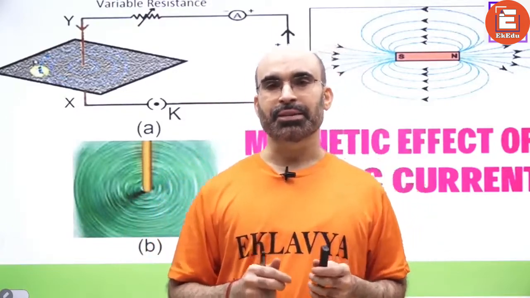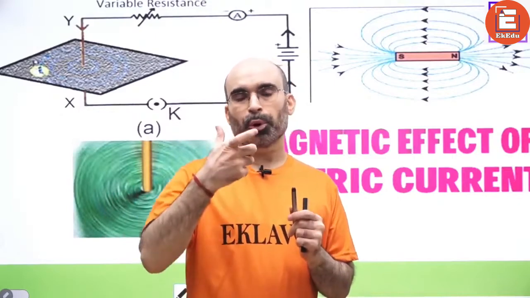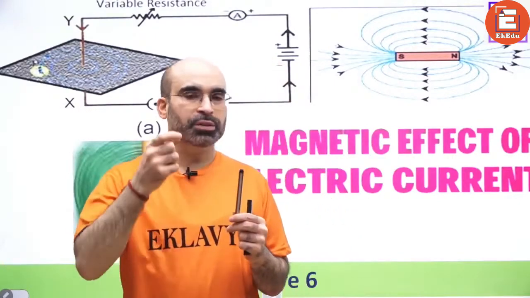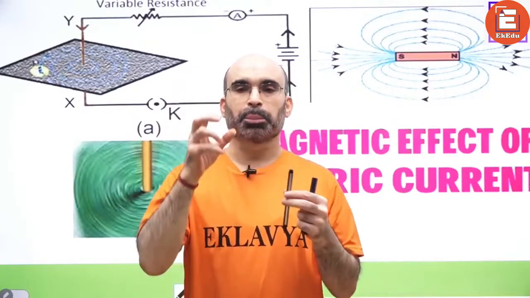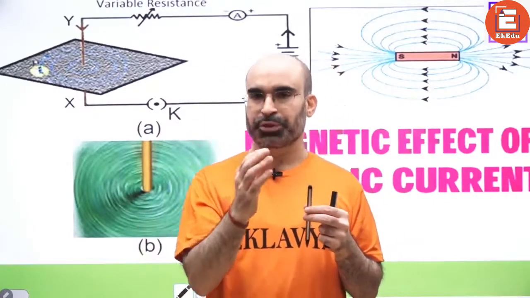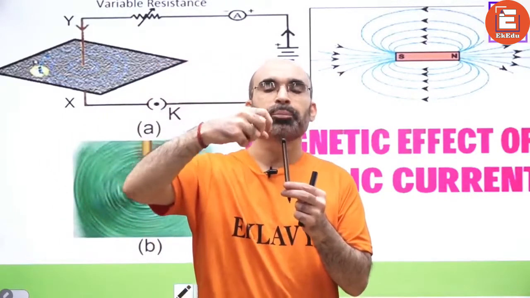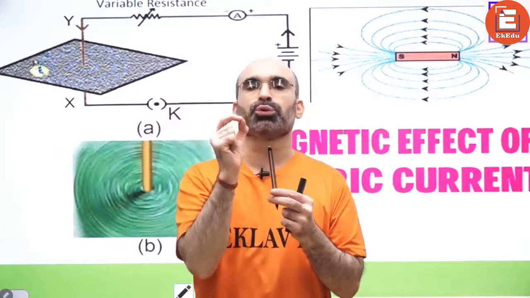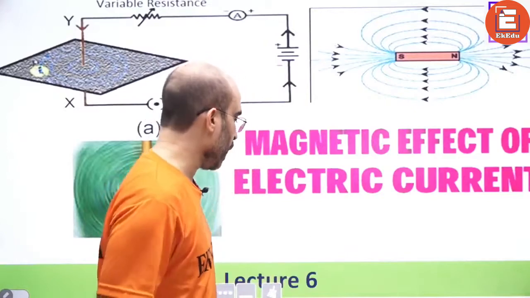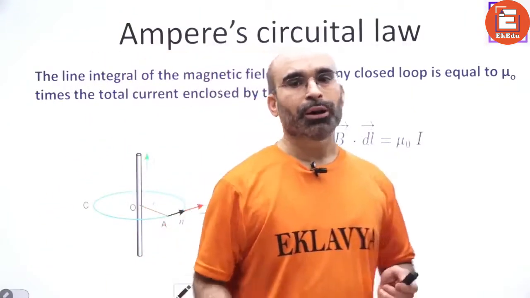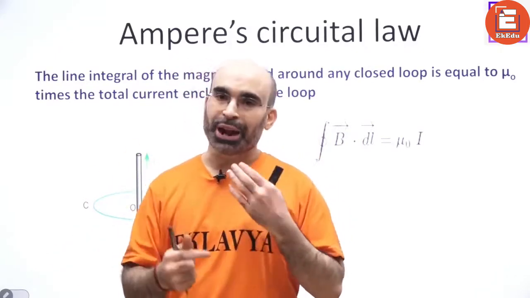Suppose you have a cylindrical wire of some significant thickness, and inside the wire, if you need to find out the magnetic field, then this tool will be applicable. Which tool? Ampere Circuital law.